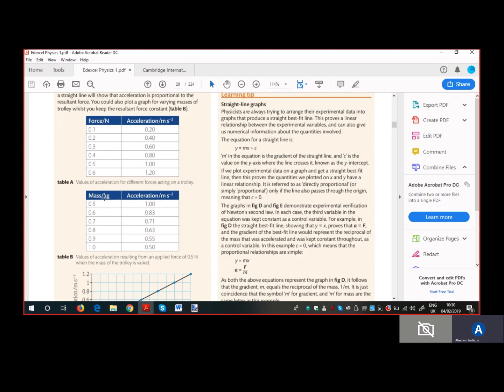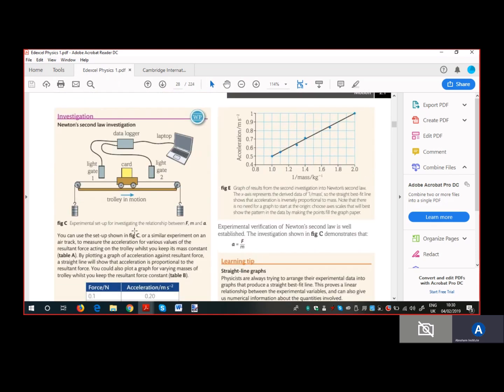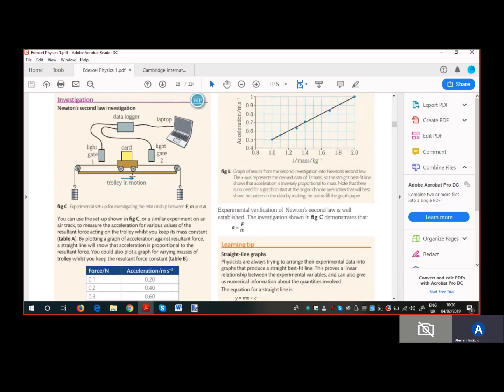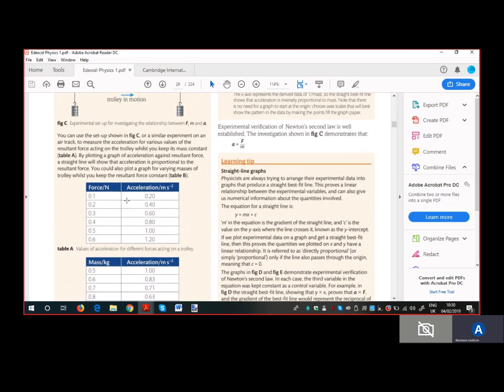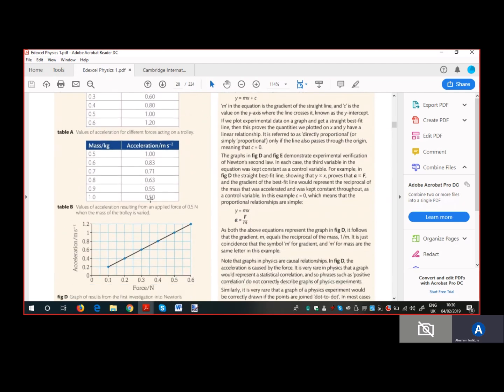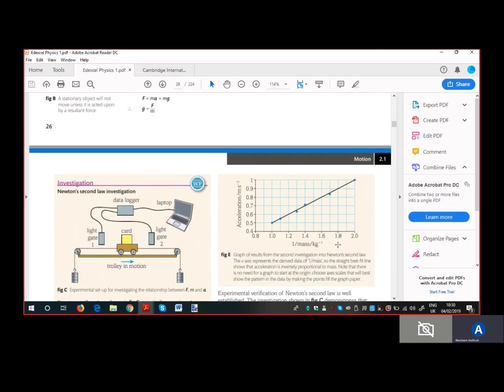We change the mass of the trolley, and then in the same way that we found acceleration before, we find the acceleration. For different masses of the trolley, we don't need to change the trolley. We can simply put slotted masses on top of the trolley. That will change the total mass of the trolley, and then we get the accelerations. Then we can plot a graph of acceleration versus mass.